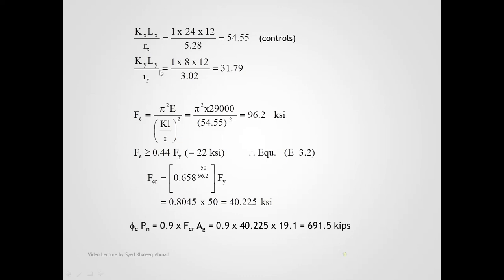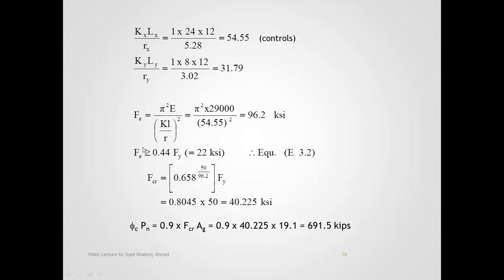Similarly, about the y axis we calculate the slenderness ratio, and this gives you a value of 31.79. Now we calculate Fe, pi square E over (KL by R) square, and this value comes out to be 96.2 KSI.